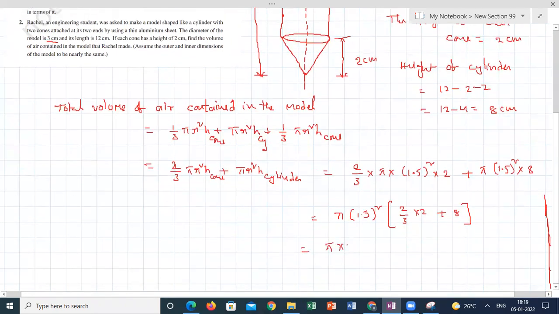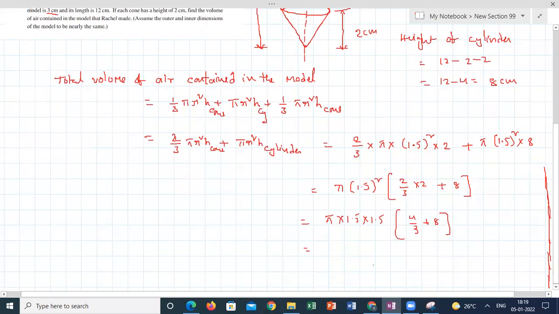This will be pi into 1.5 into 1.5, 4/3 plus 8, so pi into 1.5 into 1.5 into 4 plus 24/3. This will be 22/7 into 1.5 into 1.5 into 28/3.